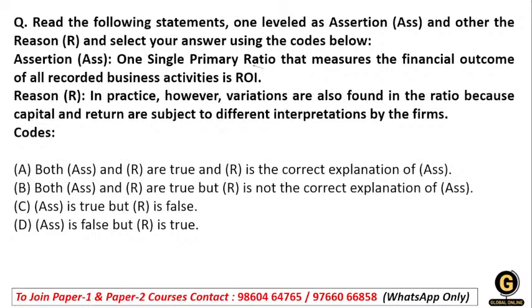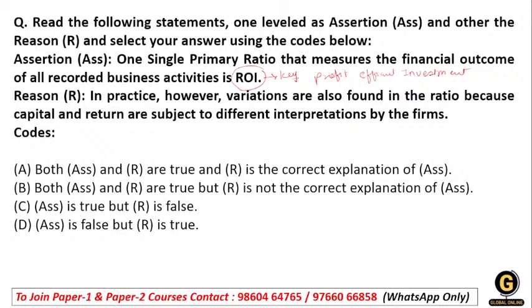When we are talking about ROI, return on investment, this is a key financial metric, because we use ROI to evaluate the profitability of the firm and how efficiently we are using our funds for investment purposes. That will lead to an increase in the overall business performance of the company.